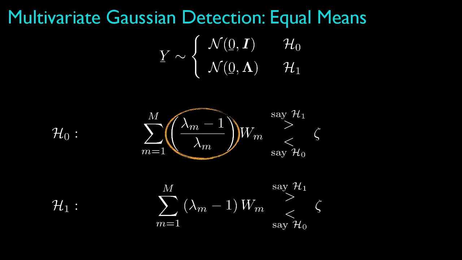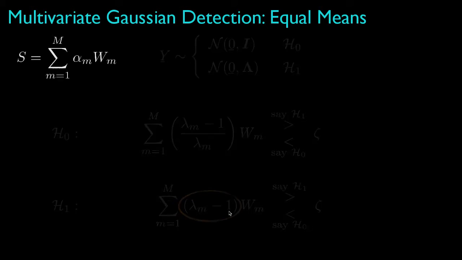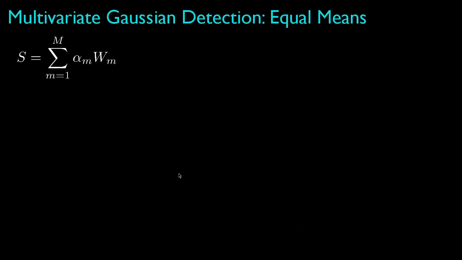When hypothesis 0 is true, the coefficients are the ratio of lambda m minus 1 to lambda m, and when hypothesis 1 is true, the coefficients are simply lambda m minus 1. To determine the false alarm and detection probabilities, then, the challenge is to evaluate the probability density for a linear superposition of chi-squared random variables.